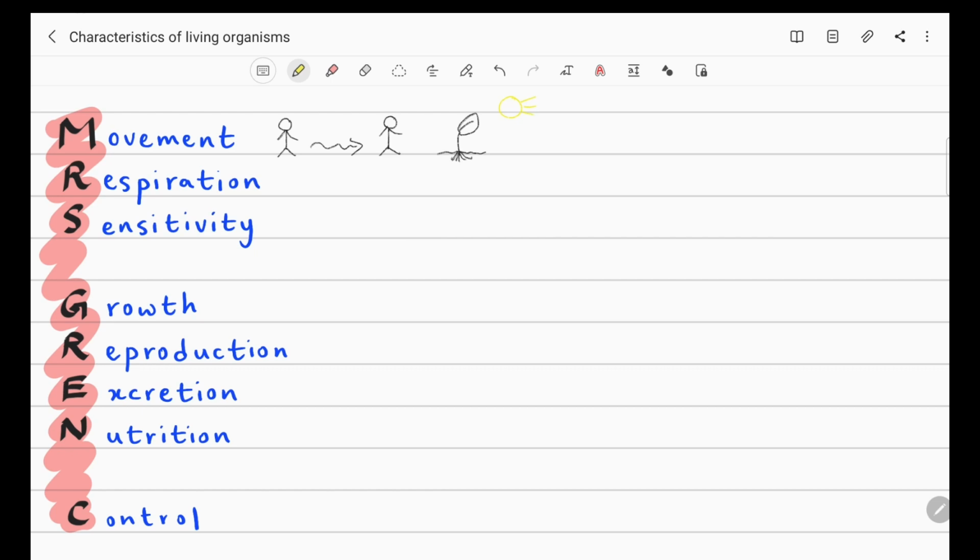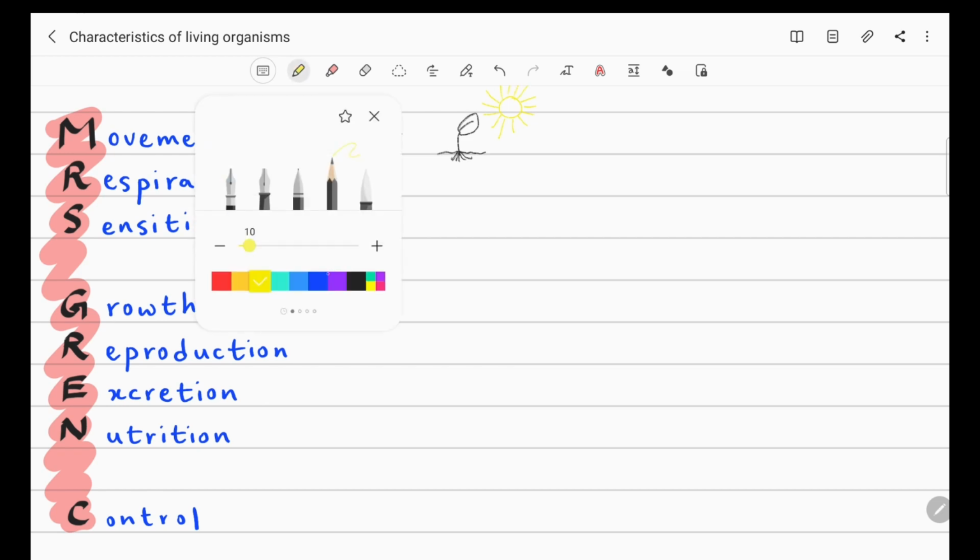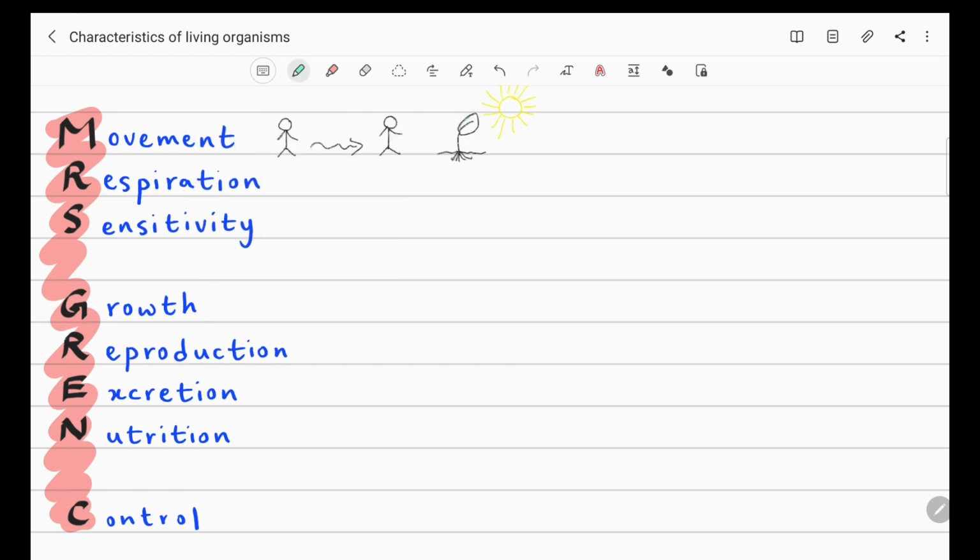So plants would bend their leaves towards the sunlight in order to get more sunlight. This is an example of change of position. So this basically summarizes movement. It is a change of position or a change of place.